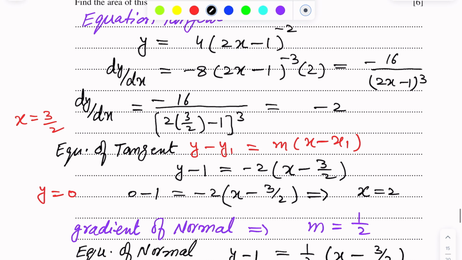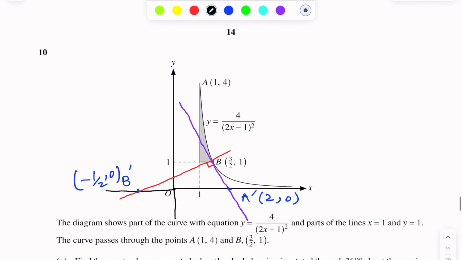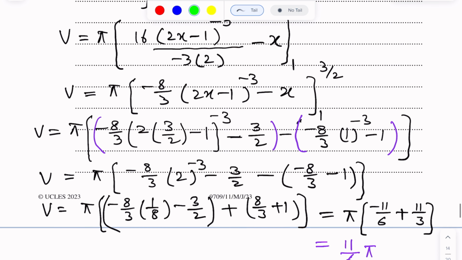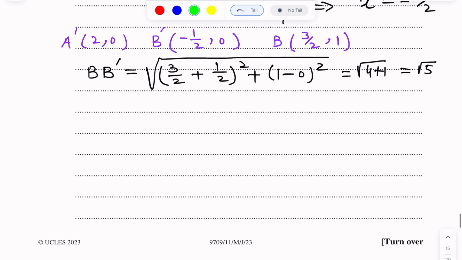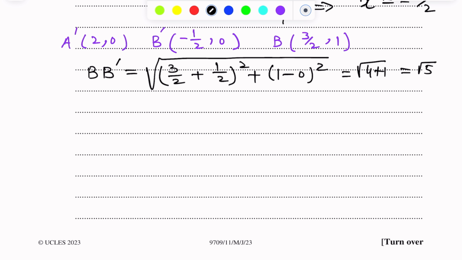Now we will find this length A dash B by using the distance formula. A dash B will be the square root of x2 minus x1, 3 over 2 minus 2, whole square, plus y2 minus y1 whole square.